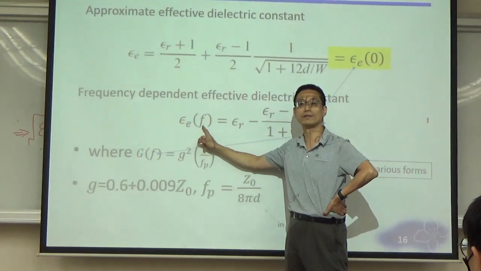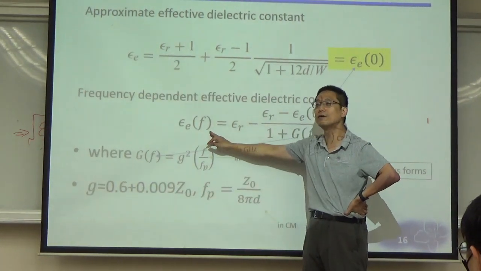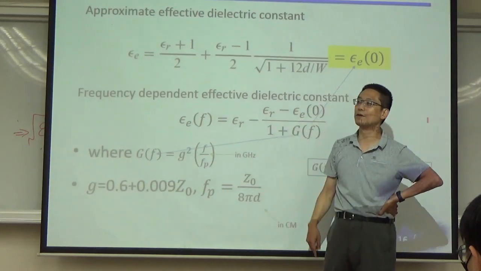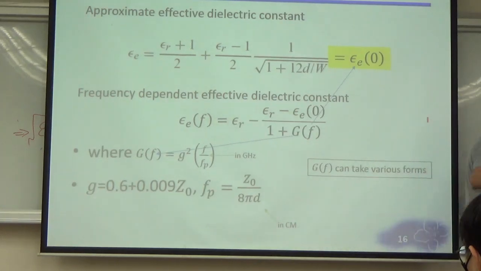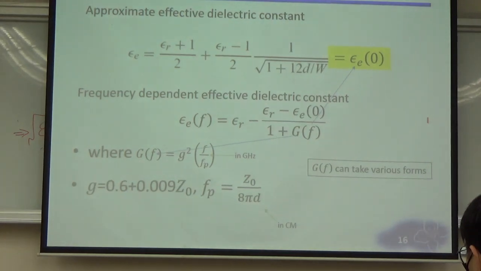And more complicated. Okay, this is more professional to find your epsilon E. I obtained this one from your book, from POSA. I think you also have this equation as well.